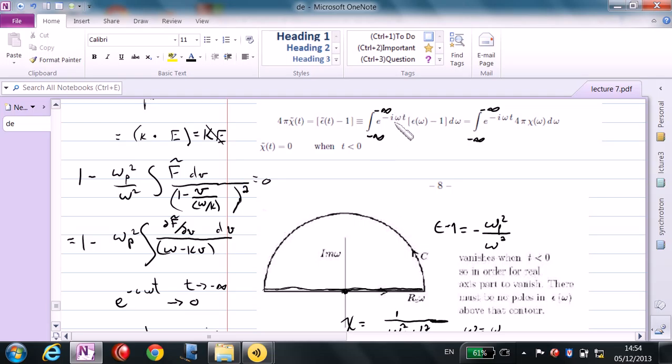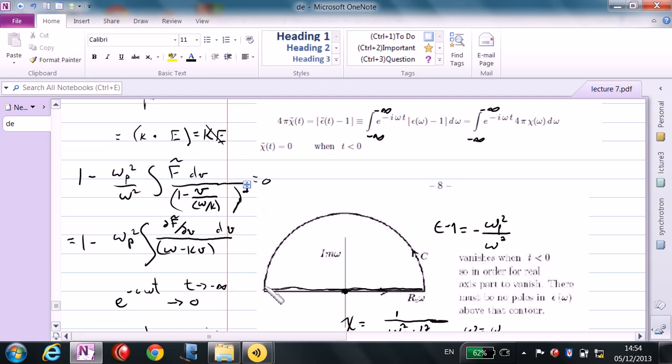The modulus of e to the power minus i omega t is 1 from the real part. Certainly for t going to minus infinity it is zero. Yeah. I actually want it to be zero for any finite t that's negative. That's what I said, that I have to make sure that it's zero, but it's 0 for any t.